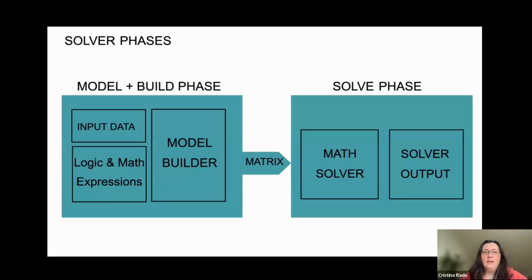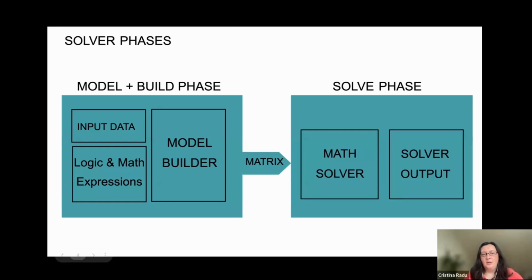And here is a diagram where we can split the solver in two phases. You have the model plus build phase and the solve phase. In the first one, we have input data, and we also have an equation editor where we can write our mathematical or logical expressions.